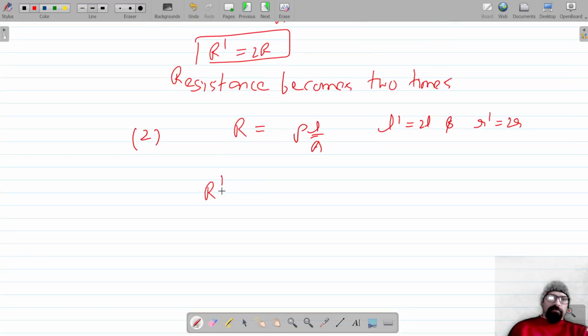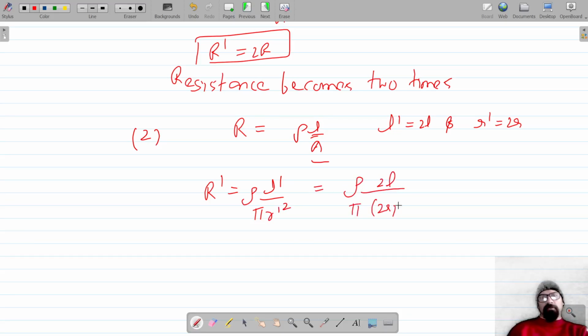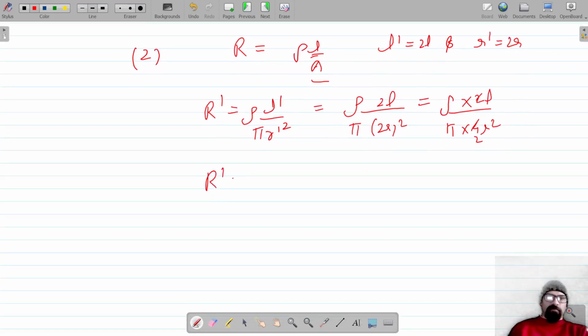And our new resistance will be rho L dash, and area of cross section is pi R square, which becomes pi R dash square. So length is now 2L, R dash is 2R the whole square. So rho into 2L, pi into 4R square. So this gets cancelled too. So that means new resistance is rho L over 2 pi R square.